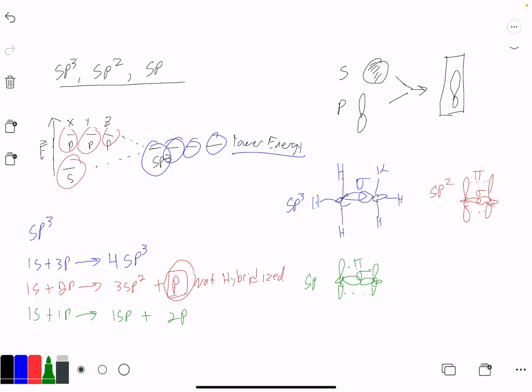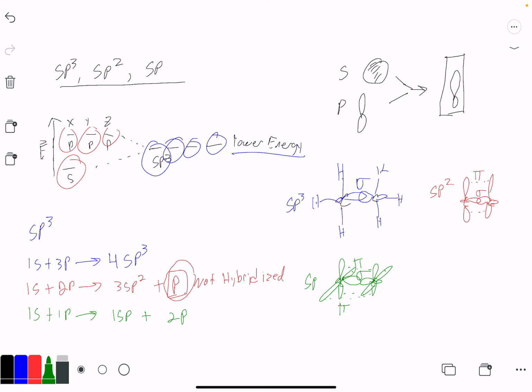But now we have another extra p orbital, and it's going in another direction. It's going in this direction. I know this is really hard to tell, but it's going in that direction right there. And that gives you another pi bond.